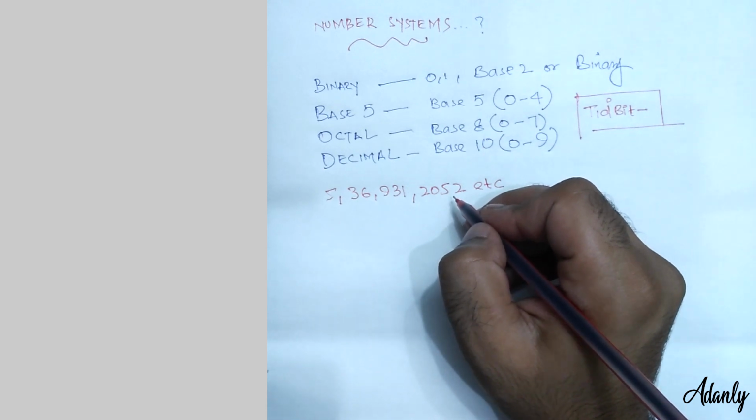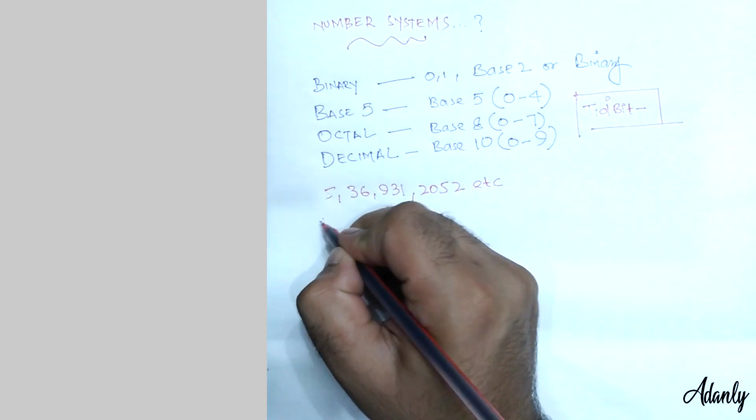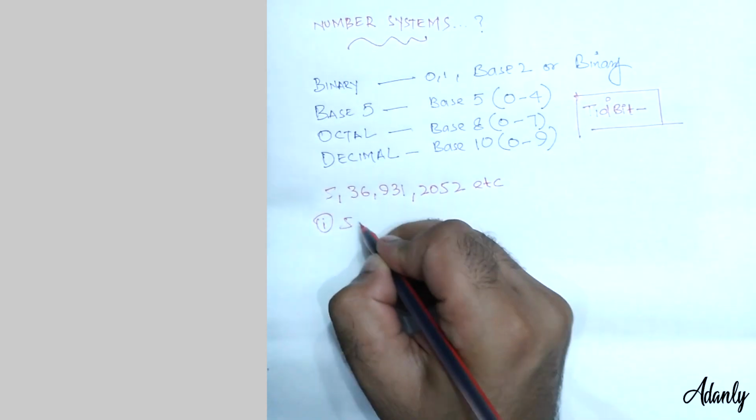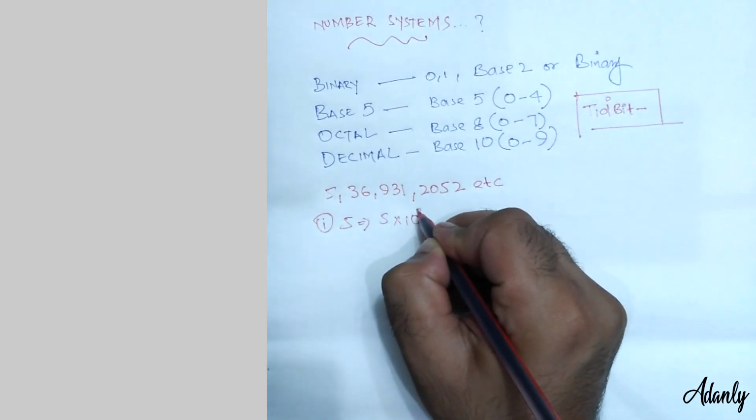We can write these numbers as, for example, the first one, 5 is 5 into 10 raised to the power 0.